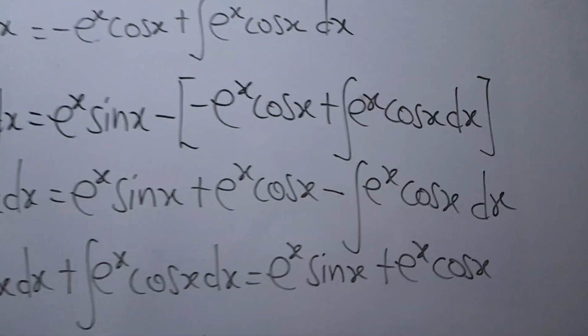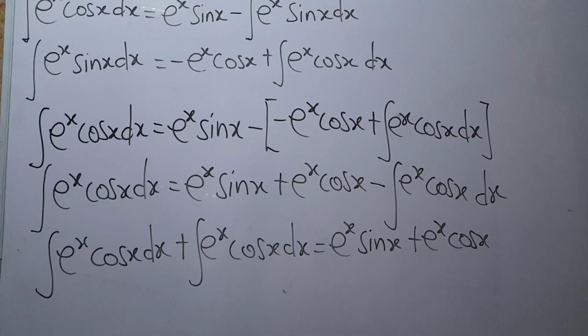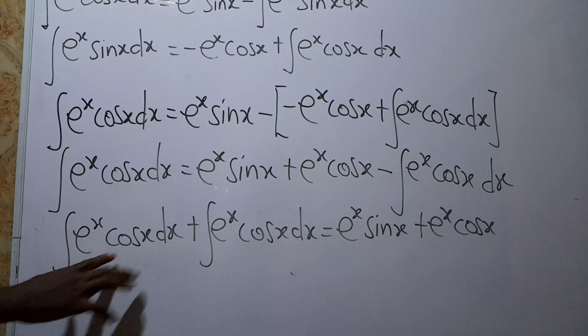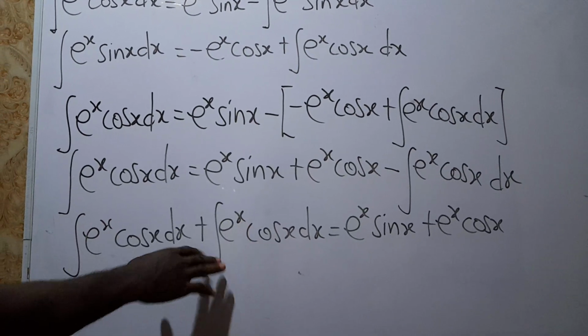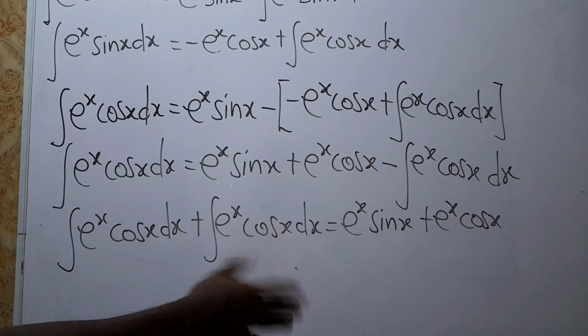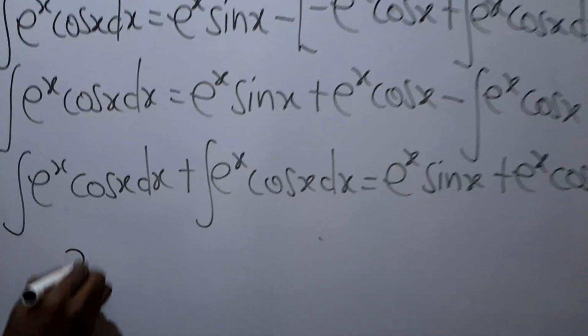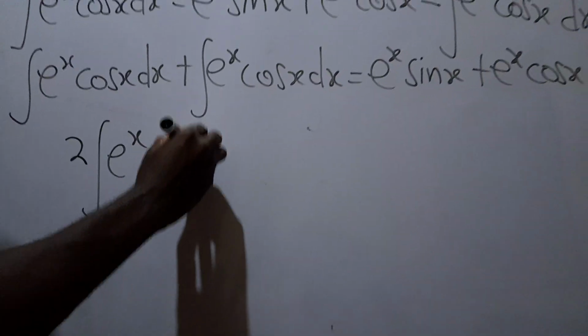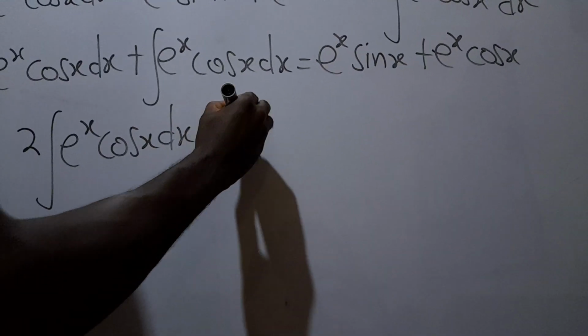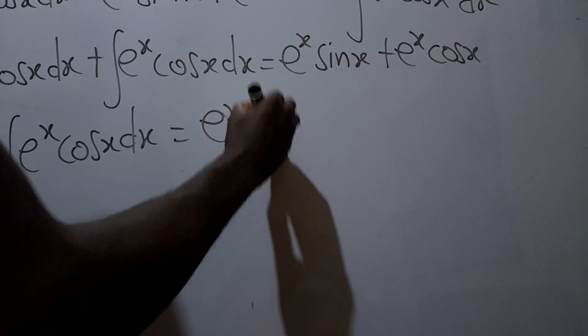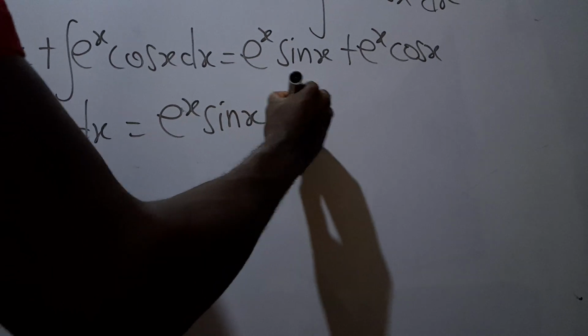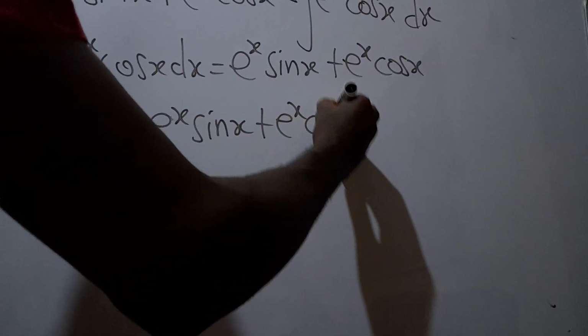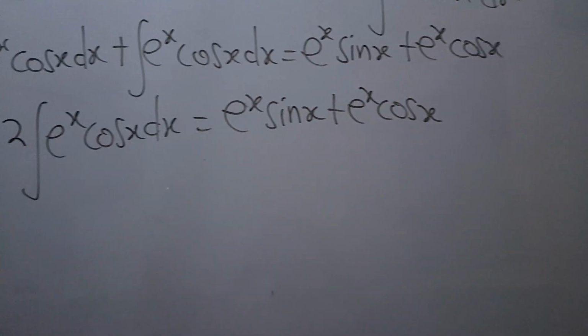Now, these are like terms. So the integral of e^s cos s ds plus the integral of e^s cos s ds will just be 2 times the integral of e^s cos s ds, which will be equal to e^s sin s plus e^s cos s.